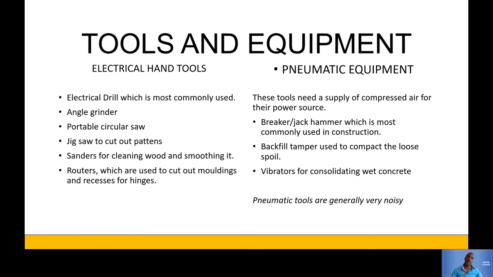To compact wet concrete, you put these tubes inside that vibrate, and through that vibration, the material of concrete, because remember, concrete is just a mixture of cement, sand, and stone, they need to consolidate each other so that they get stronger and be compacted.